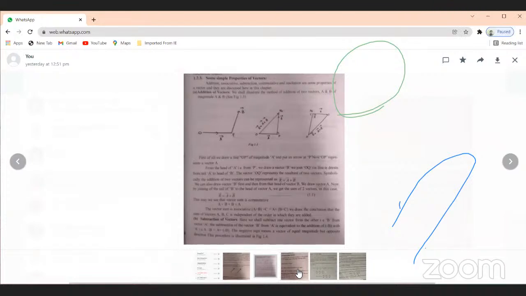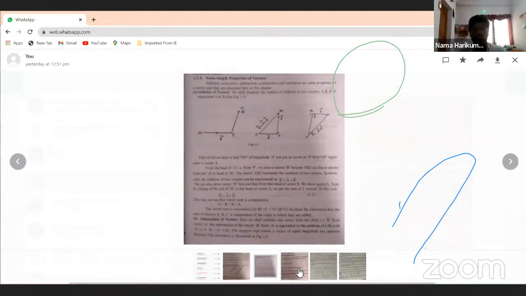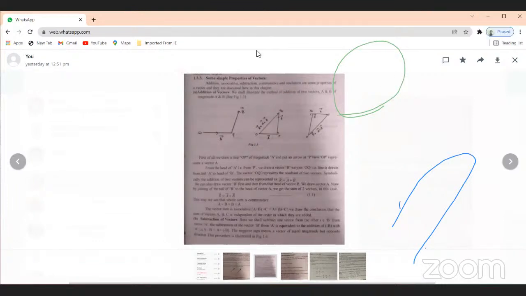Right. Okay. Next one, you have to do the subtraction diagram. Draw it. Diagram. Only two, first and second.